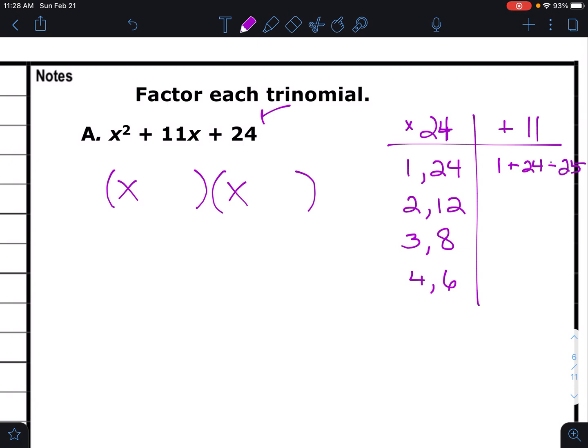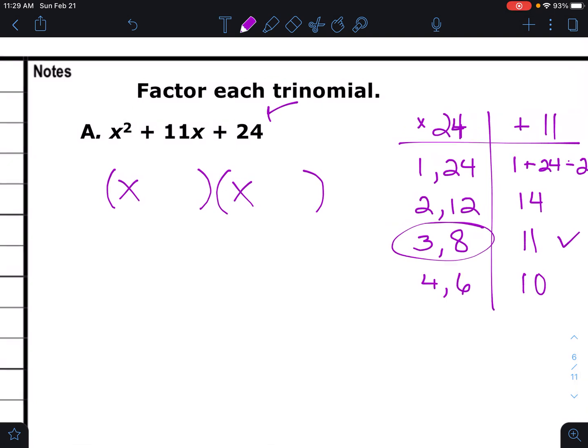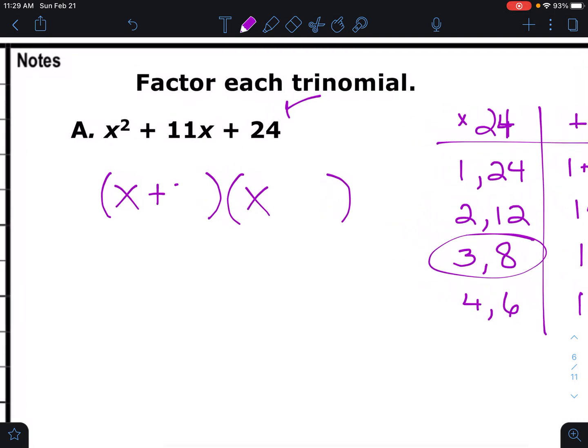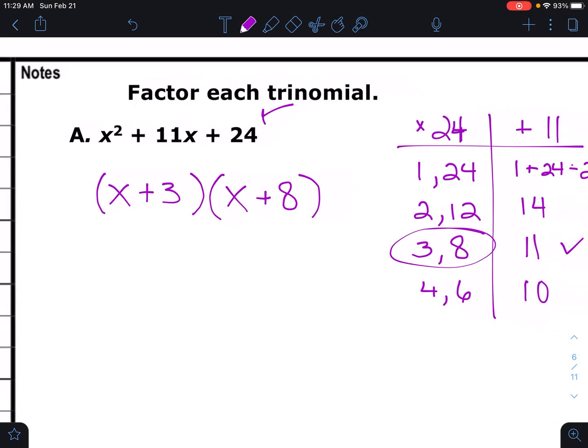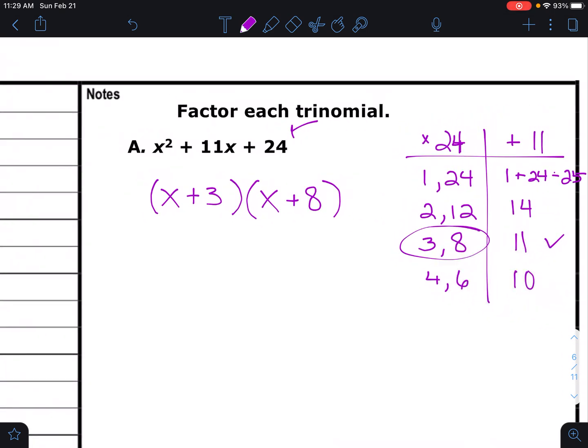Nope. If I go 2 plus 12, that's 14. If I go 3 plus 8, that's 11. And this is 10, right? So I want this one. This one adds up to be 11. So this is the pair that I'm going to use. So this would be x plus 3 and x plus 8. Notice both of those terms are positive, so I'm going to use a plus sign there. If they were negative, I would put that on there. So now this is the factored form of this, okay?